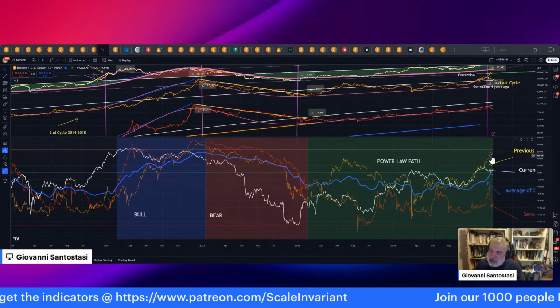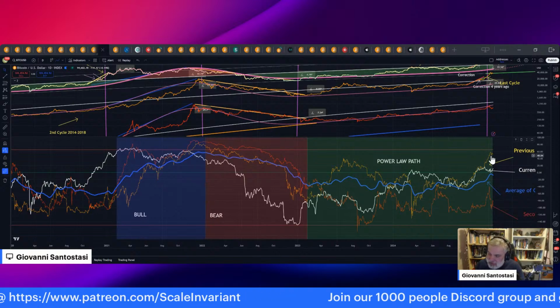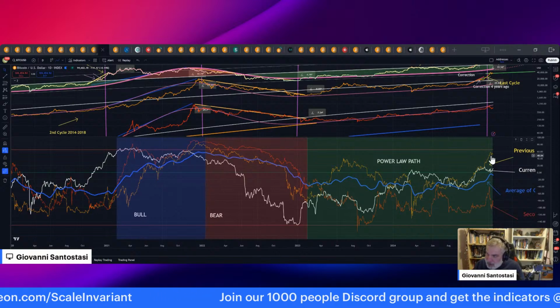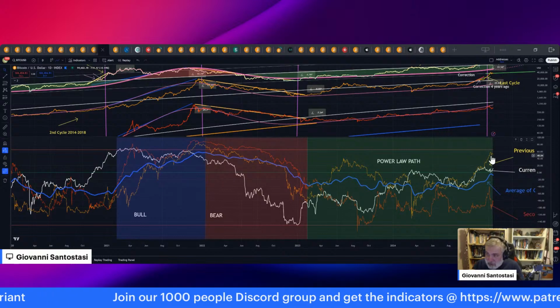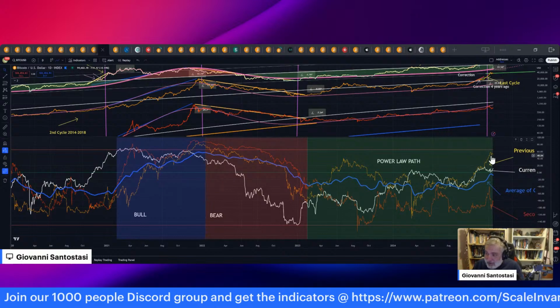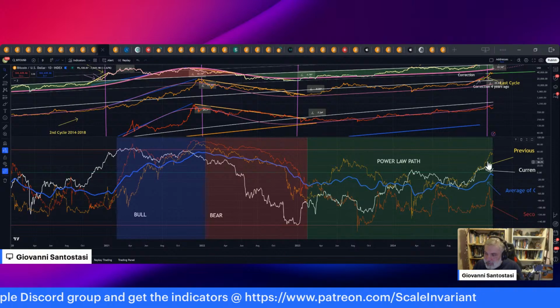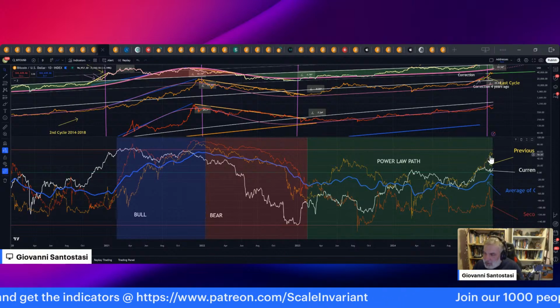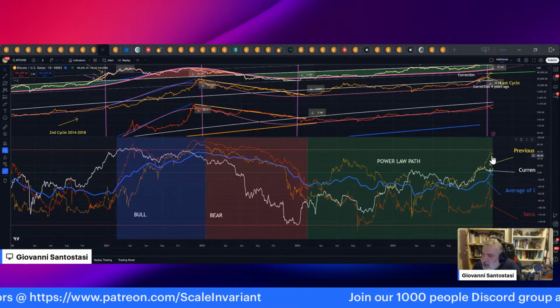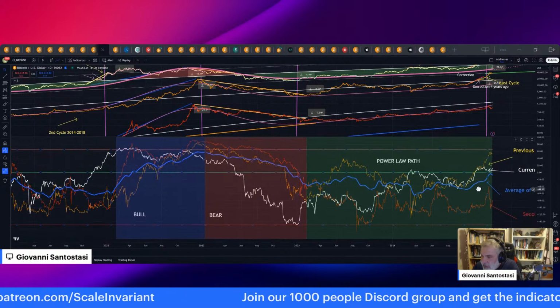Because actually the last cycle, we kind of had a double peak and we peaked early. There was a lot of things going on early on. And so this growth was very, very fast in the beginning.